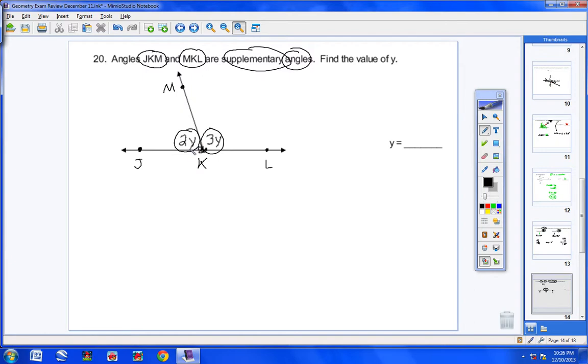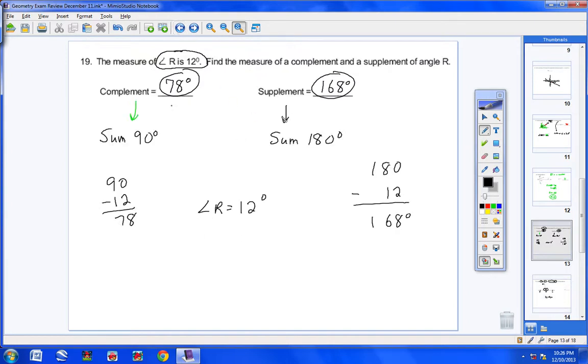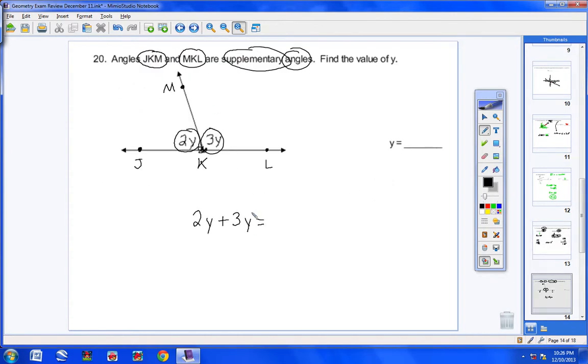So that means if I take this angle here, 2y, and add to that angle 3y, if these two angles are truly supplementary. Now think back to the last page we just looked at. When two angles are supplementary, that means they add up to 180 degrees. So if I take this angle and add them together, I should get 180 degrees.